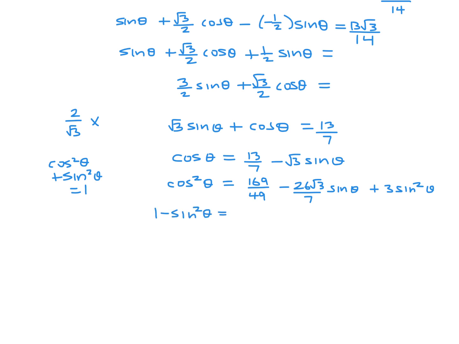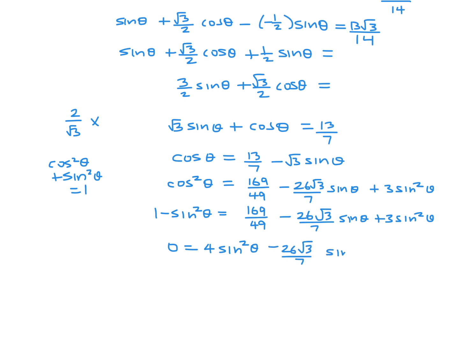And finally we have just one trig value, which is our sine. And then, oh, this is a quadratic. Painful. So put everything on one side, and we get 4 sine squared theta minus 26 root 3 over 7 sine theta plus 120 over 49, I believe.